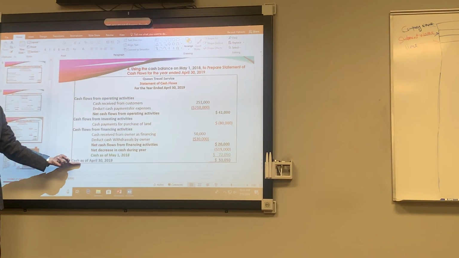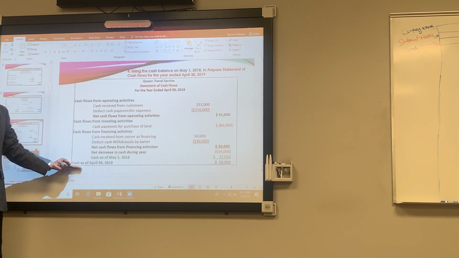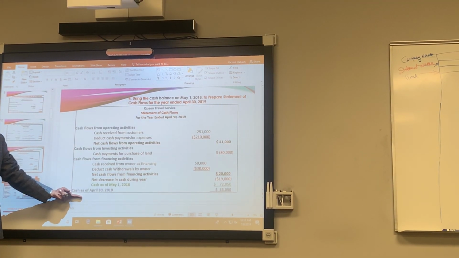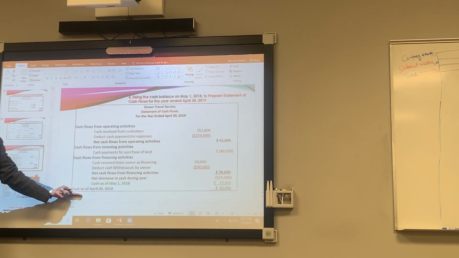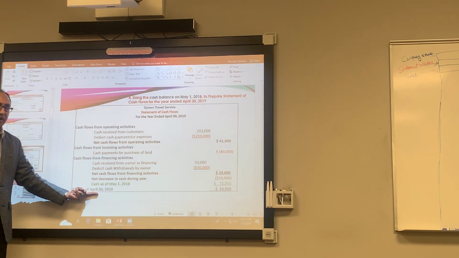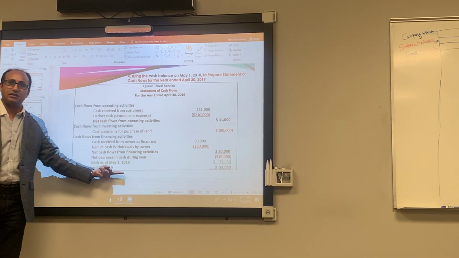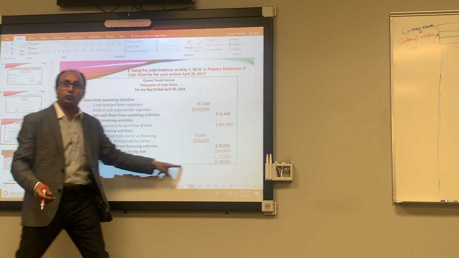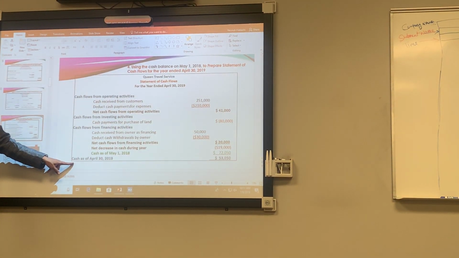So this number is a reference for you. If this is the same number in the balance sheet, that's telling you this was the cash of April 30, 2019. That's why I changed the color, to pay attention here.